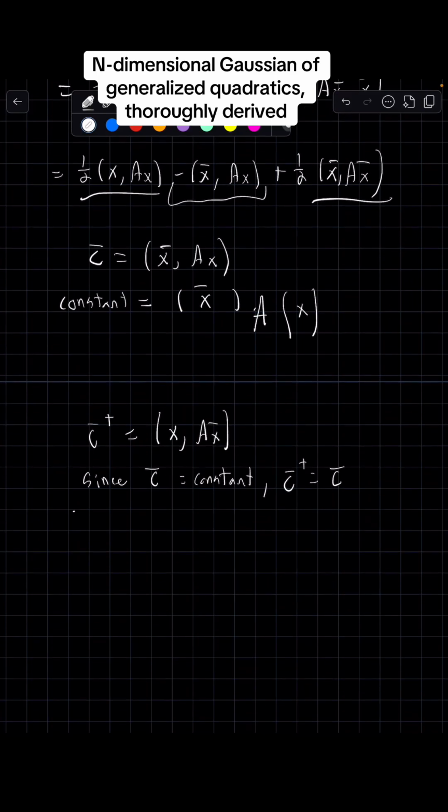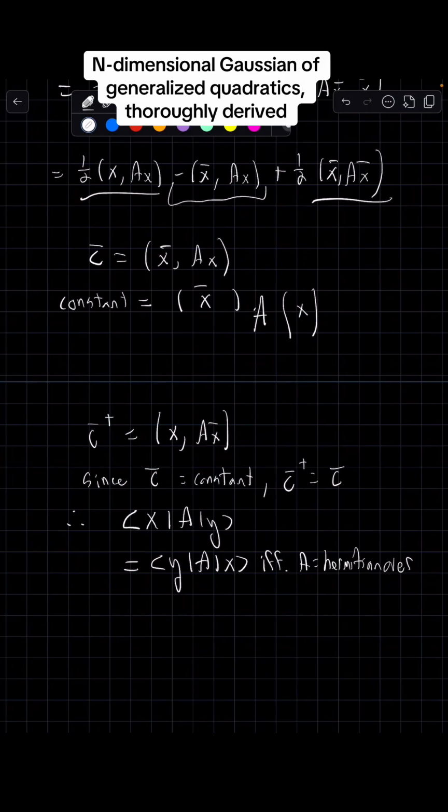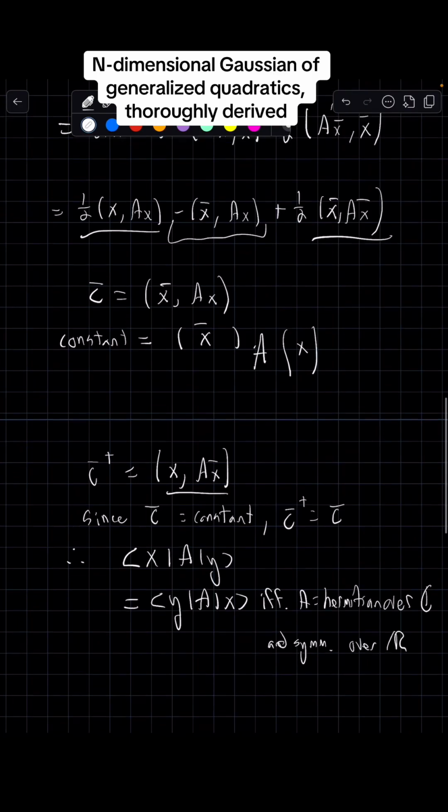Therefore, the inner product x A y equals y A x if A is Hermitian over C and symmetric over R.